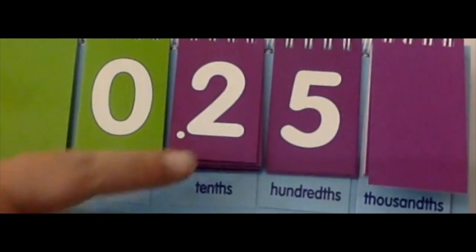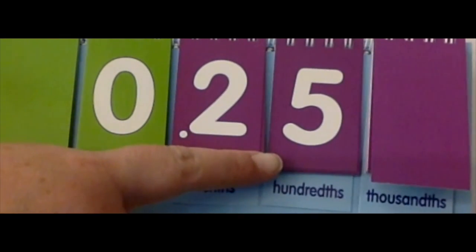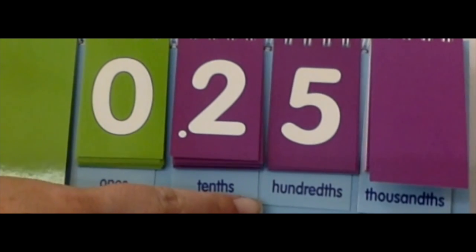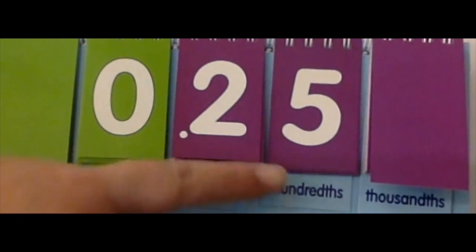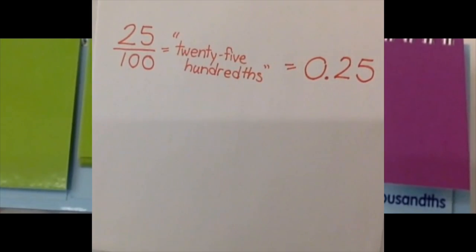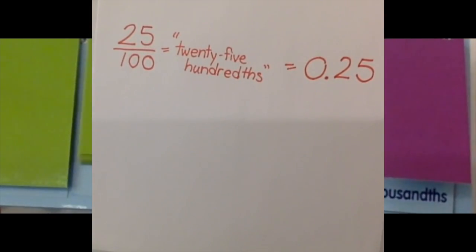And there we go. We have 25 and we end in the hundredths. 0.25 is the same thing as 25 over 100. See? That wasn't that hard. It was just 2 different ways of saying the same thing, but writing it a little bit differently.